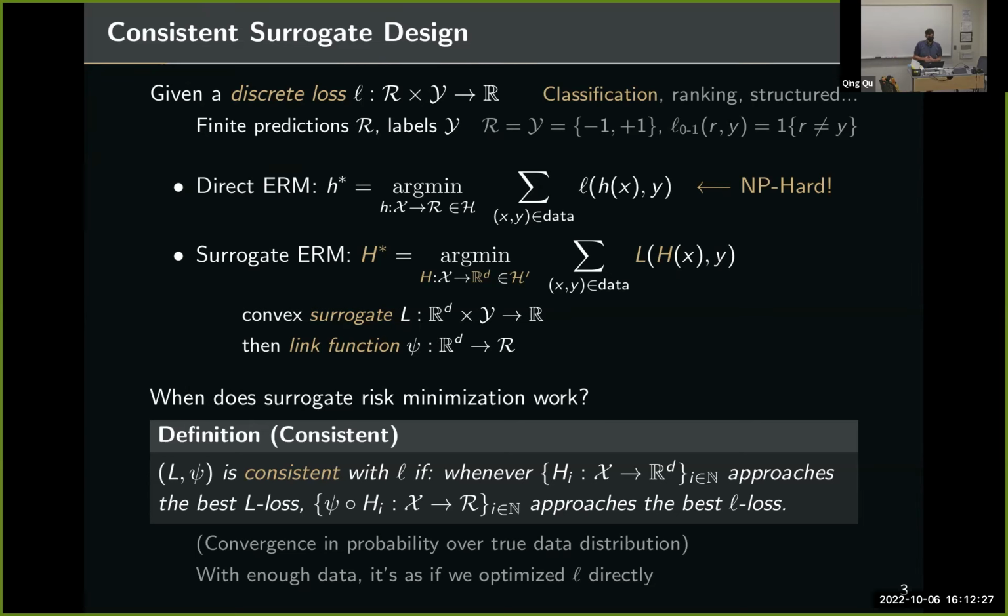And what is h_i with respect to H? I'm suppressing a lot of the details, but think of hypothesis i as the one that you get after collecting i data points and then minimizing according to this. And we're taking the limit as we get more and more data.